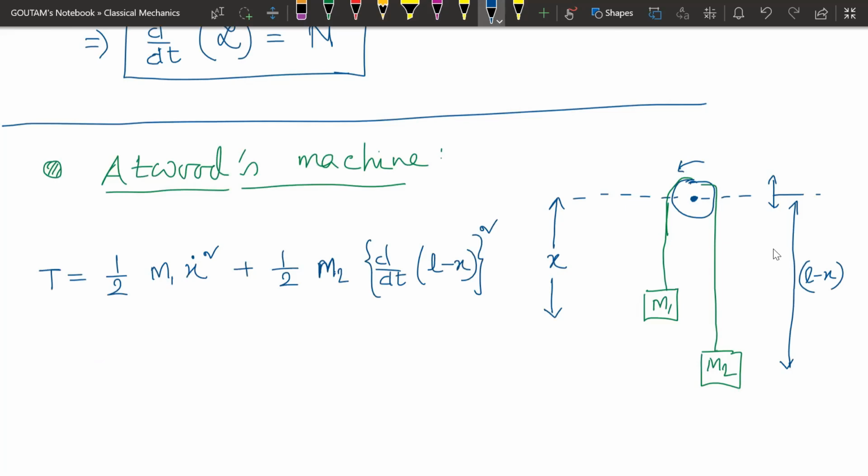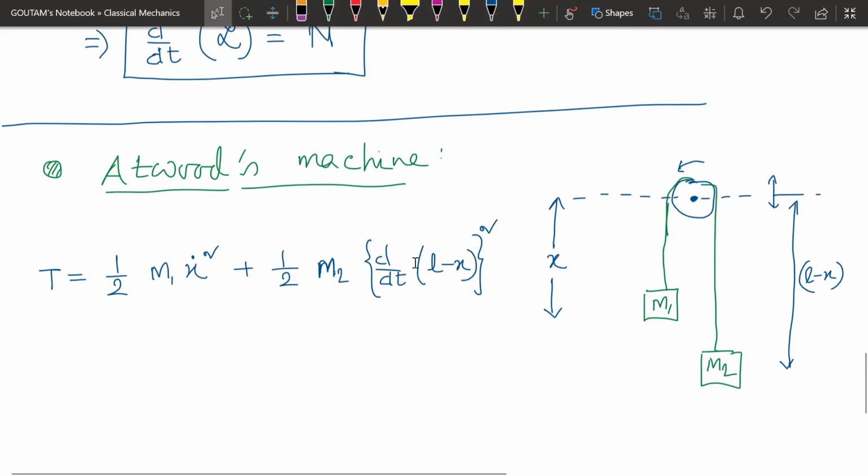Now what is L? L is a constant. It's the length of this rope. So d/dt of L will be 0.